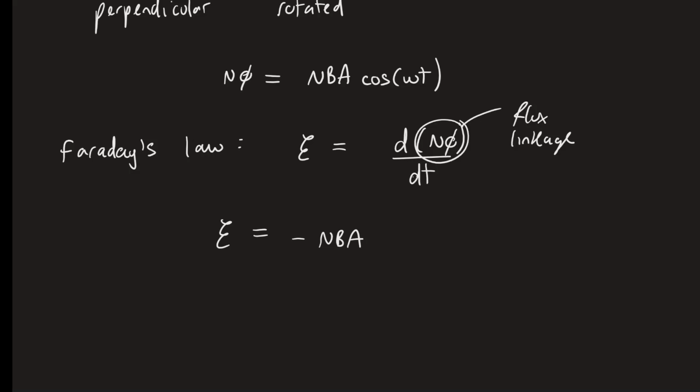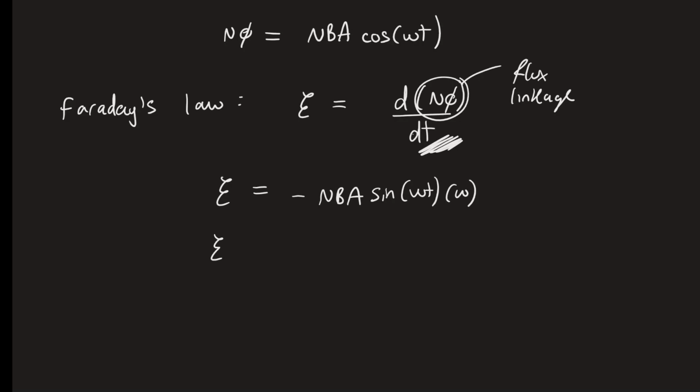When we differentiate that, we get sine omega t from cos omega t. Also, we have to apply the chain rule. We're differentiating with respect to t, so we have to write another omega out like that. So we'll tidy this up. We'll write minus omega N B A sine of omega t.